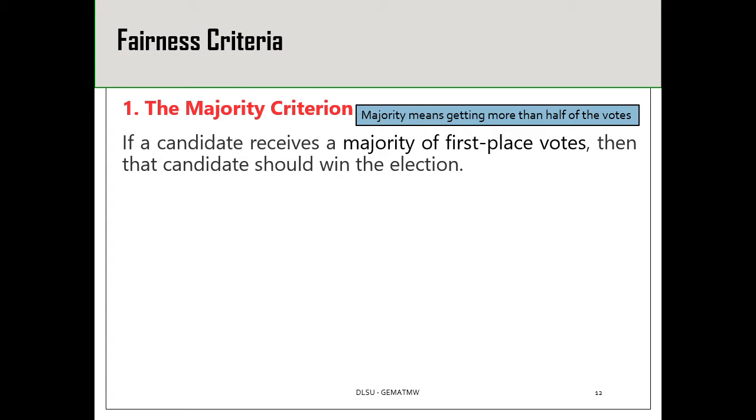So what majority criterion is saying, if there is a candidate that receives majority of first place votes, then that candidate should win the election. And winning in the election is dependent on the voting method. So let's see if this is the case for plurality.